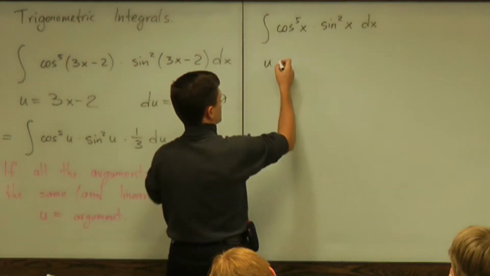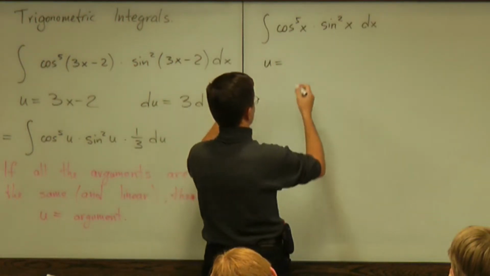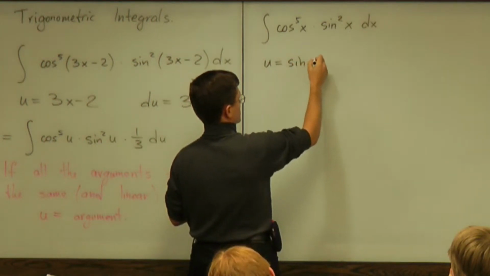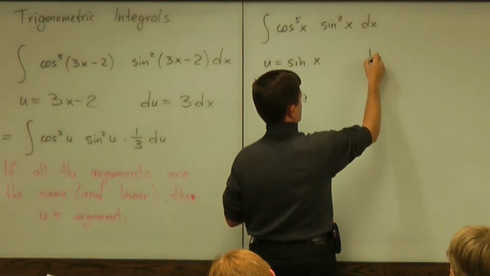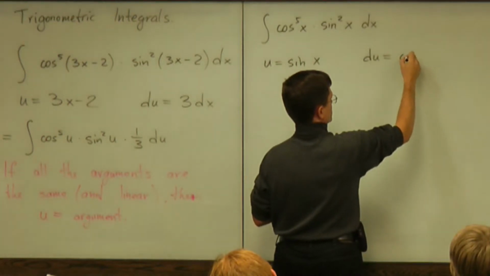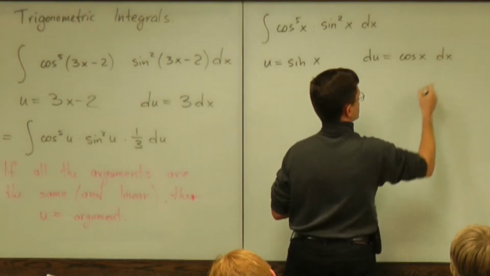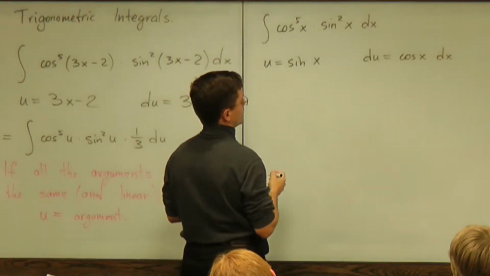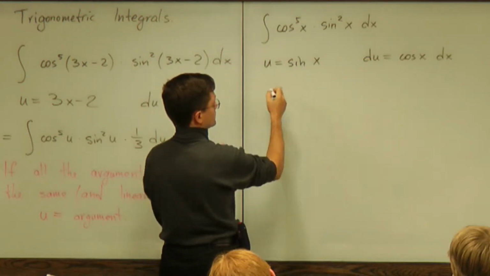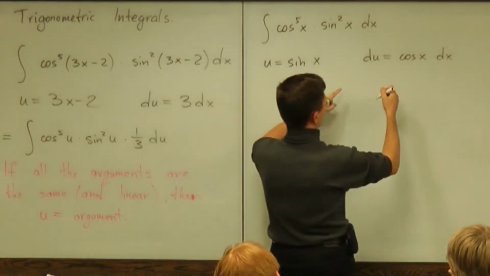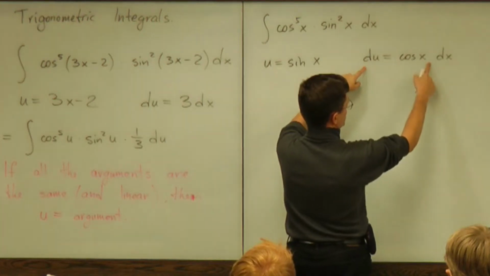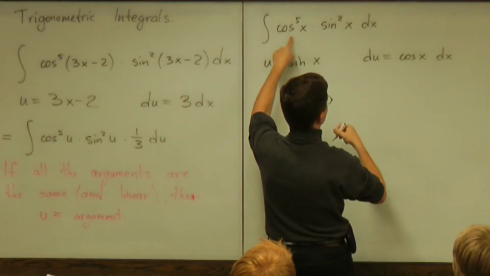Okay? So let me do u equals sine x first. Then du is cosine x dx. To make du I need cosine x times dx.